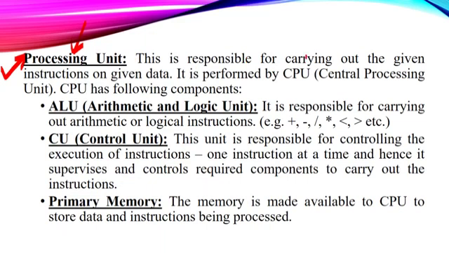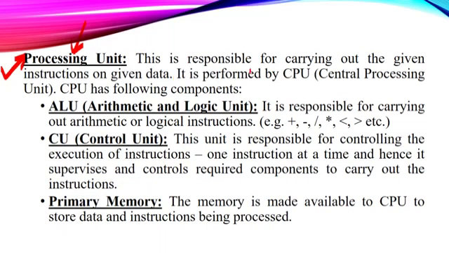It is responsible for carrying out the given instructions on the given data. In easy words, whenever we input something, this processing unit works on that input and then returns the output to the user. So it will simply carry out the given instructions on the data that you input.